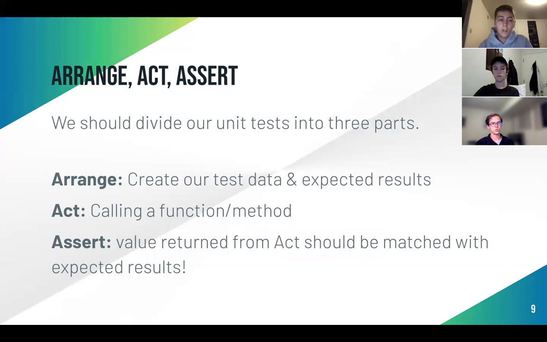And then in your act, that's where you're calling the function or method that you want to test. And then your assert is usually going to be probably the easiest part of your test. And that's just going to check that the value returned from the act will match the result that we expect.